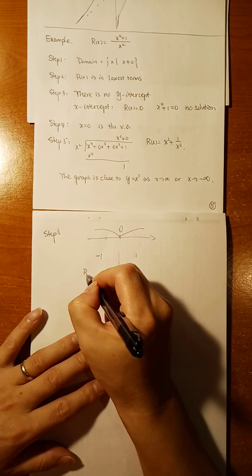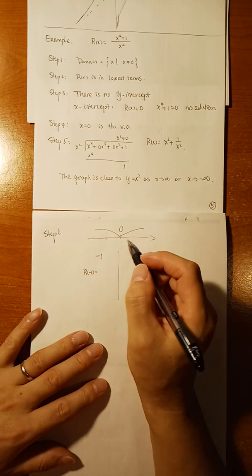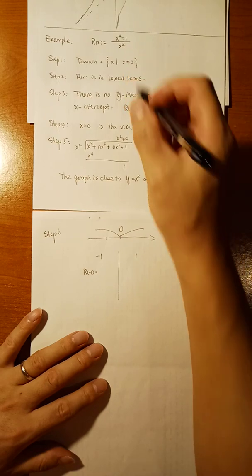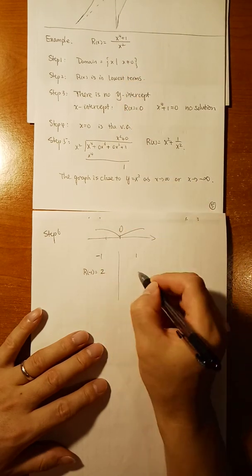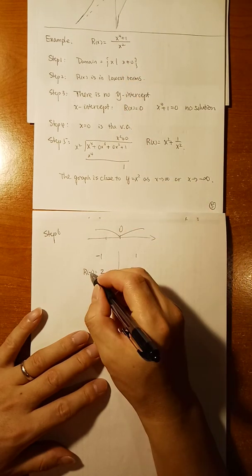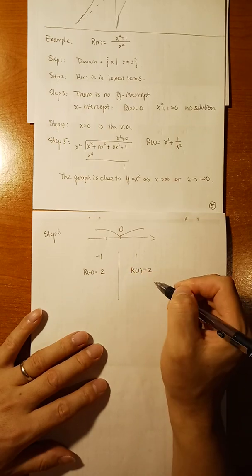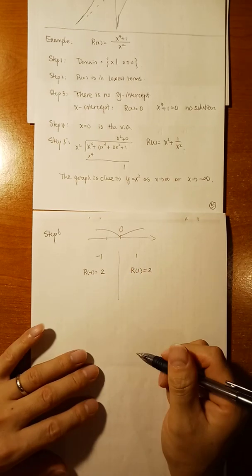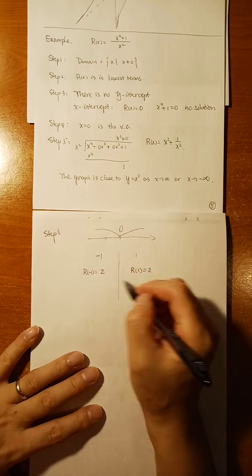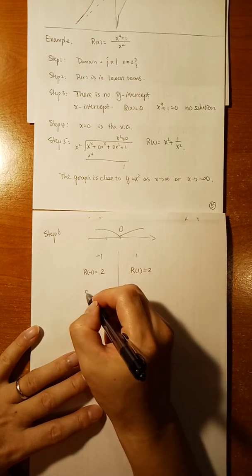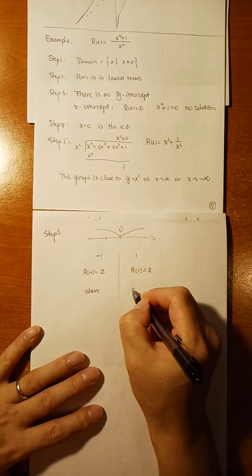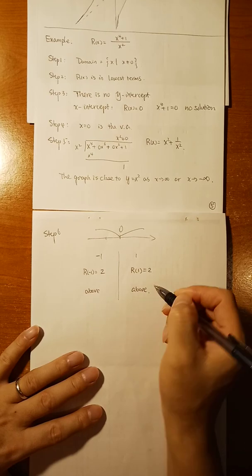And we evaluate r of 1. R of -1 is 2. R of 1 is also 2. Because they are 2, 2, the graph is above the x-axis.